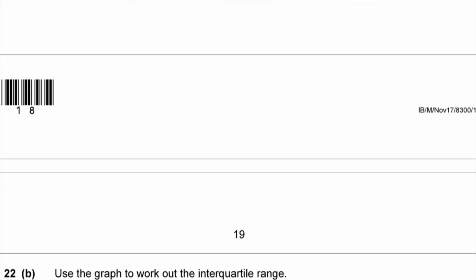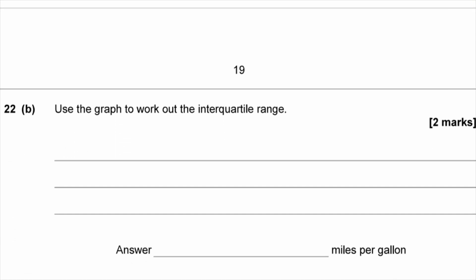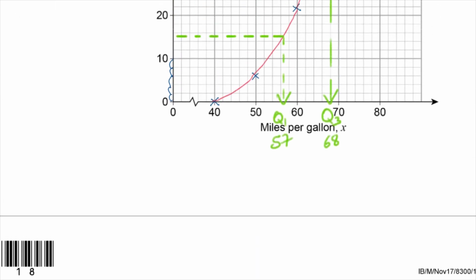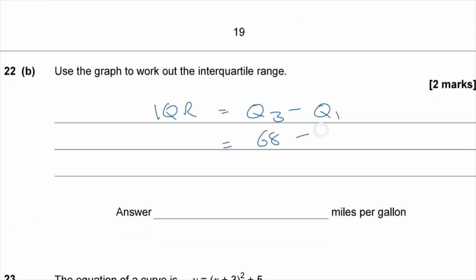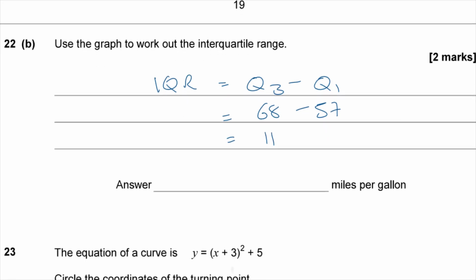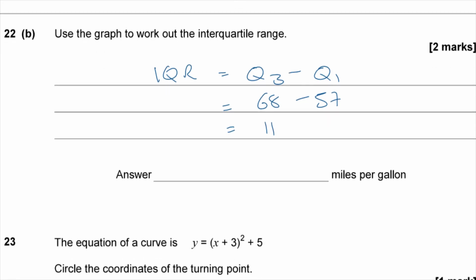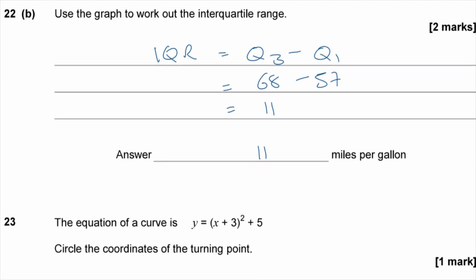So my interquartile range is going to be Q3 subtract Q1, which is 68 subtract 57, which is 11. So the interquartile range is going to be 11 miles per gallon.